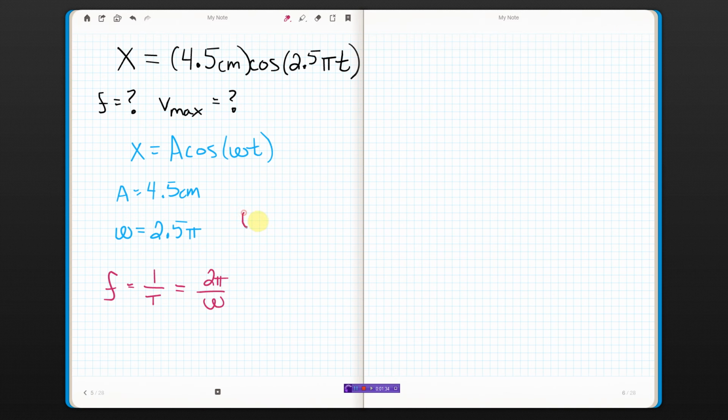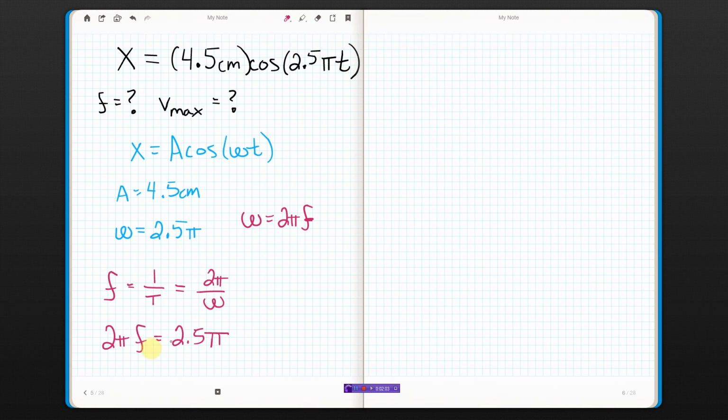In fact, if you look at your equation sheet for your tests, they have it written x equals a cosine 2 pi f times time. So anyway, 2 pi f is 2.5 pi. So let's write it like that: 2 pi f equals 2.5 pi.